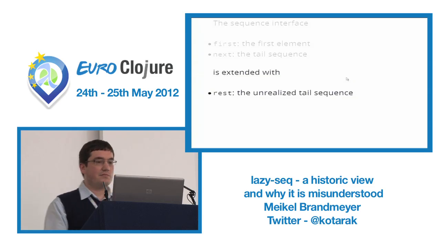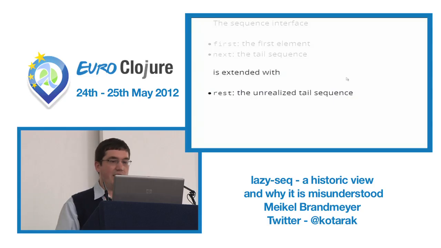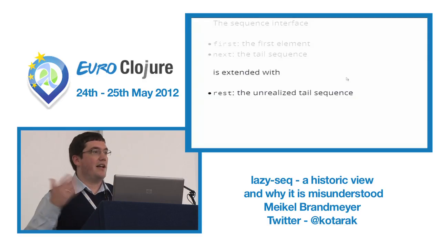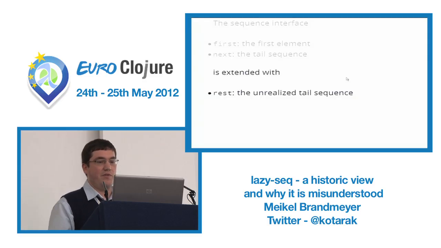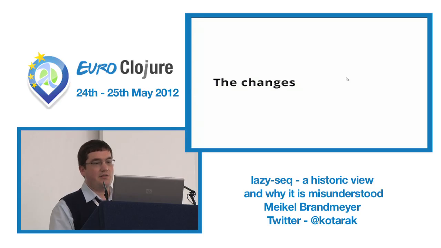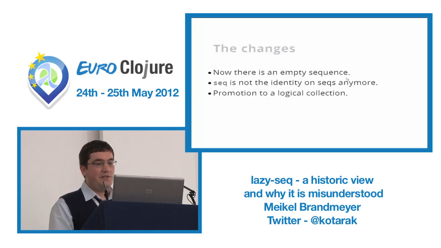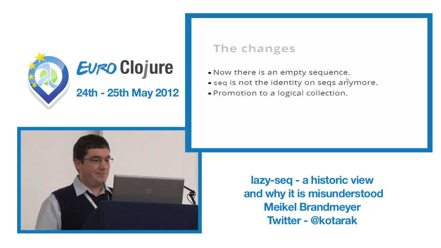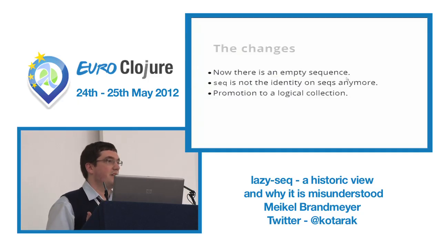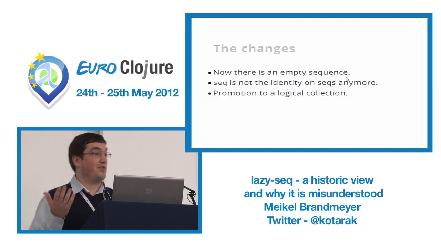Basically, what we now get in the drop case, it's not the sequence anymore, but we get a promise that in the future we can calculate this drop when we require it, when we call seek on this resulting issue. So the changes were that there is now an empty sequence, because we don't know up front.